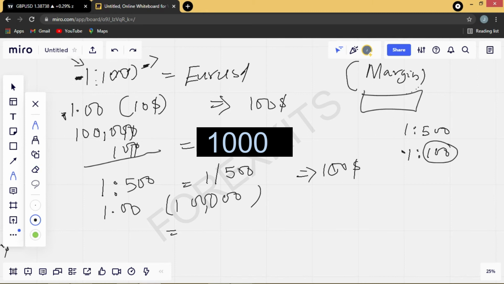So let's go straight into this example. The leverage that we have for this broker is 1:500, and our balance is $100, do not forget, and we are getting into a trade with a standard lot size which needs 100,000 units of currency. So I'll pull up my calculator.